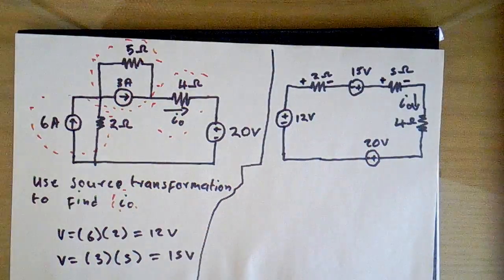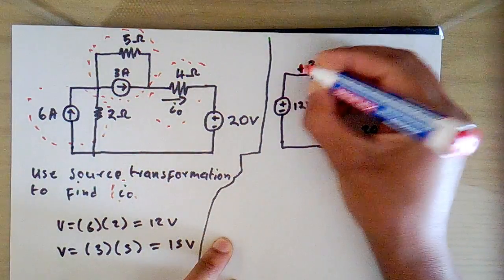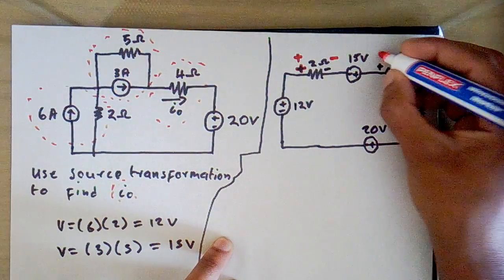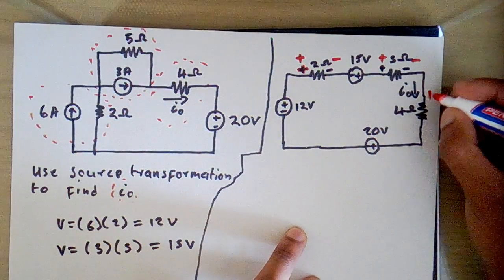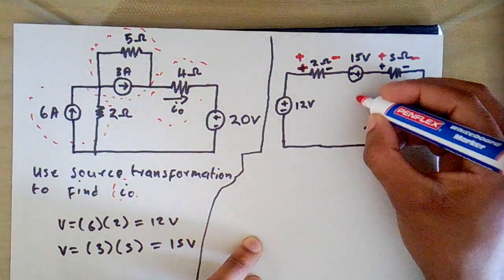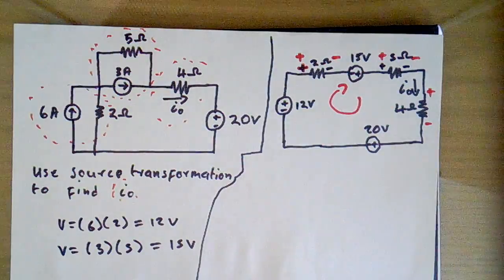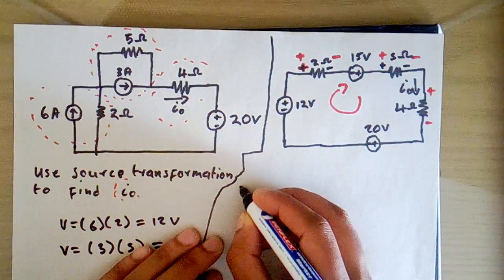Let me use the red mark. This is positive, negative, positive, negative, and this is positive and negative. And going in this direction, we're going to get our formula like this.